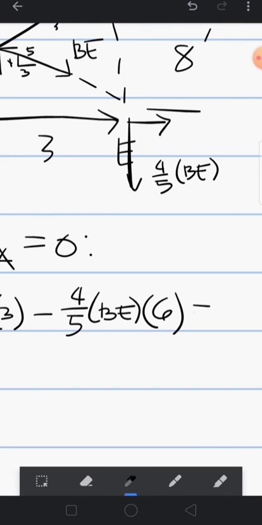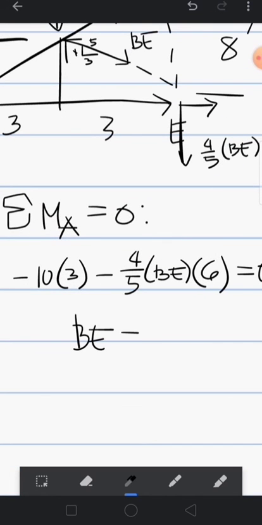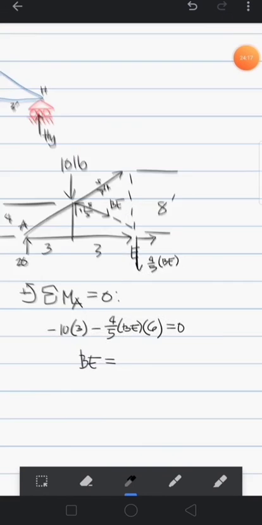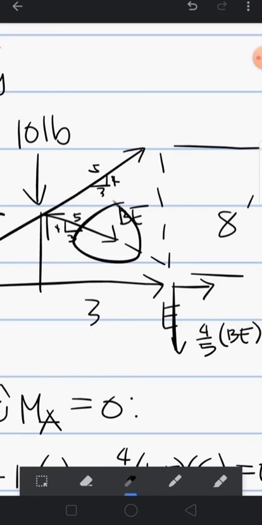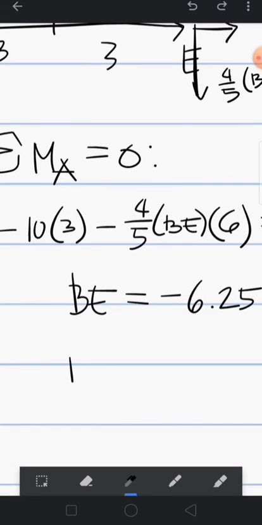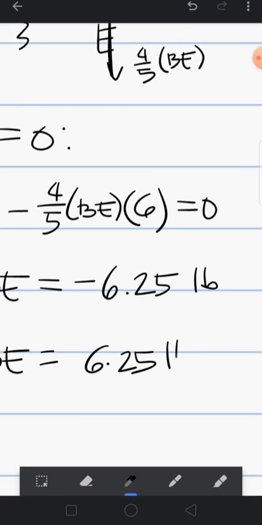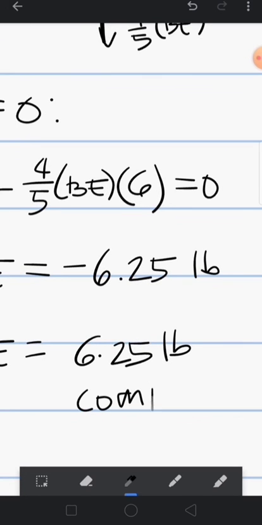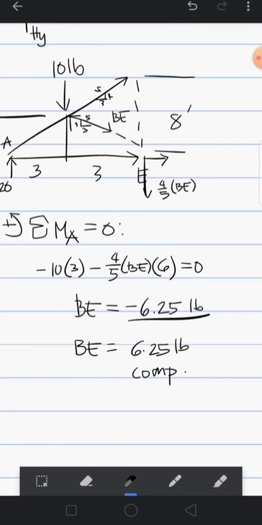So the sum of moments equals 0, and our answer is negative: BE is negative 6.25 pounds. Since we assumed tension, BE is 6.25 pounds in compression. Because the tension assumption gave a negative answer, the correct one is positive.